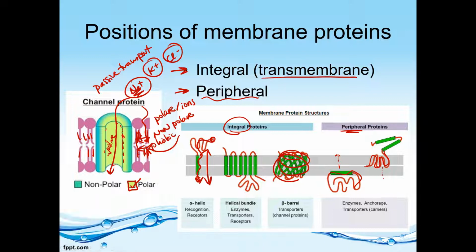I said that our polar amino acids sort themselves on the inside of the channel. Non-polar amino acids are going to sort themselves on the outside of the channel. So we have non-polar out here, and then we have polar on the inside here. So our sodium can get through, but the protein can still pretty happily sit next to our hydrophobic fatty acid tails, and that is amazing.